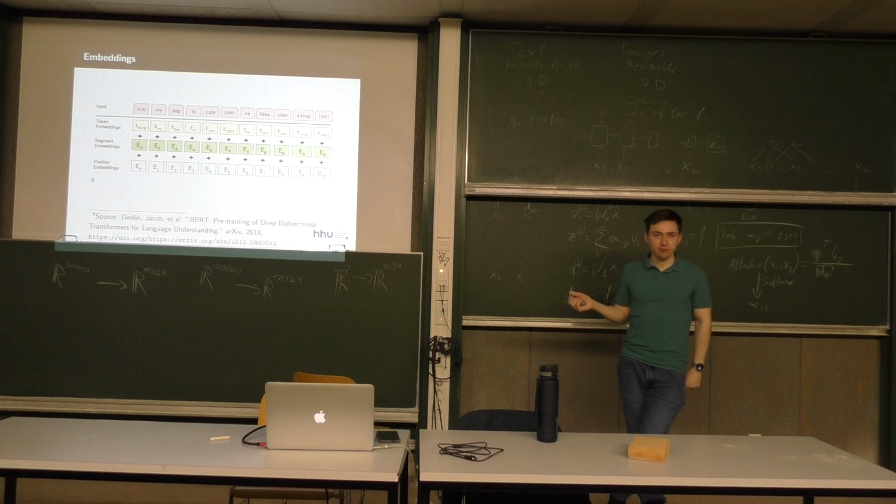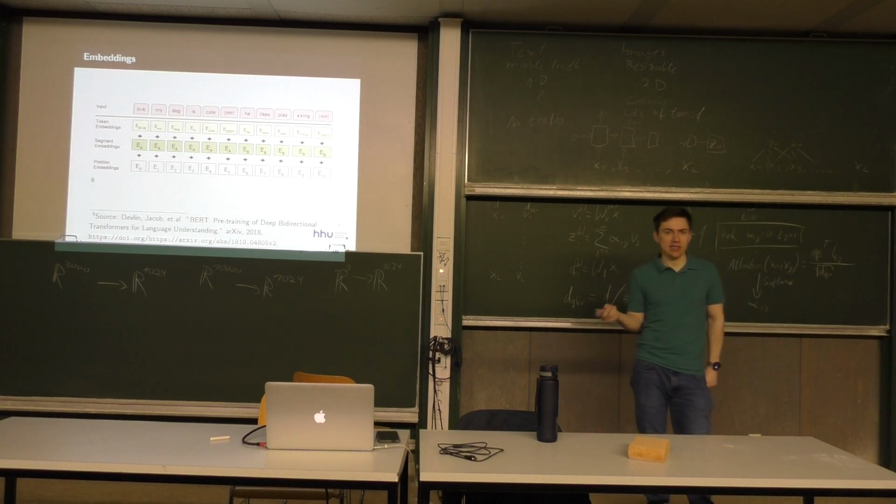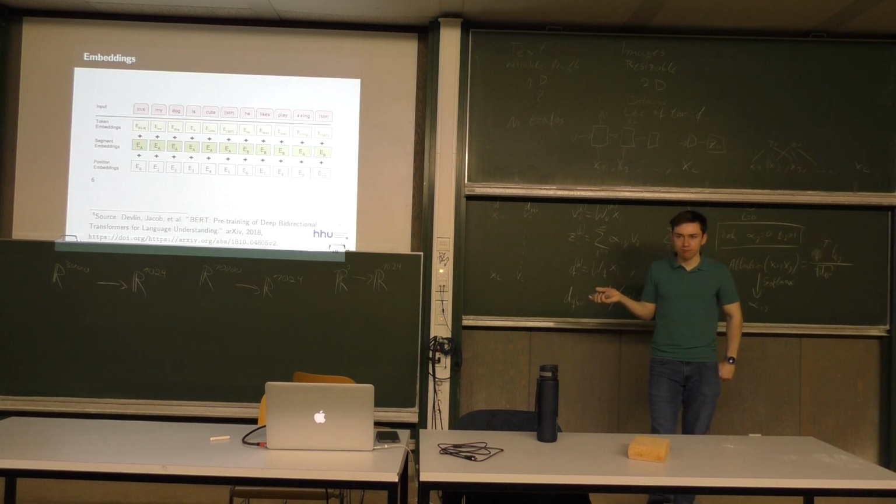If we learn them independently and just stack them, the learned position vectors and token vectors would always be orthogonal, so there would be no information flow between them. So that's why we just add them up. And then we usually also apply some form of norming afterwards, typically layer norm.